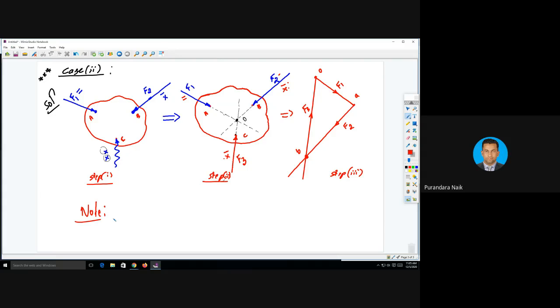Below that: if the lines of action of two forces are parallel, the point of concurrency lies at infinity, and therefore the third force is also parallel to the first two.